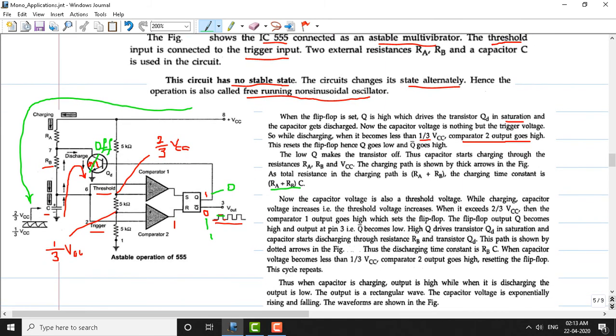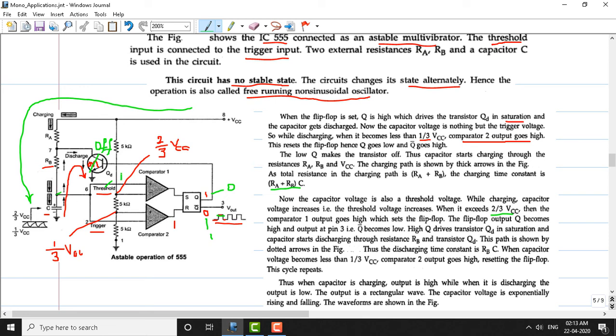Now, once the capacitor keeps charging, the voltage across the capacitor increases. The voltage across the capacitor is nothing but the threshold voltage here. So the threshold voltage increases while charging. The capacitor voltage increases, and the threshold voltage, once it exceeds this 2 by 3 VCC. Already we have here the 2 by 3 VCC. Now once the capacitor keeps charging, the voltage here keeps rising.